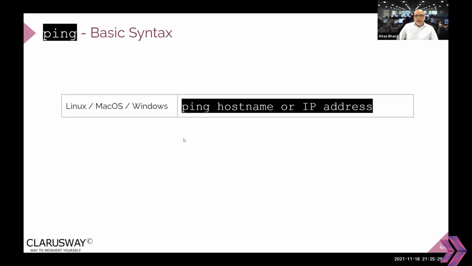So the syntax for ping is pretty straightforward. You can do ping and the host name, or you can just do ping followed by the IP address. If you have the IP address, you can do that. If you don't, you can do the host name. And if you do the host name, what happens? Well, it's the same thing that happens when you go to your browser. First, ping is going to do a DNS lookup.